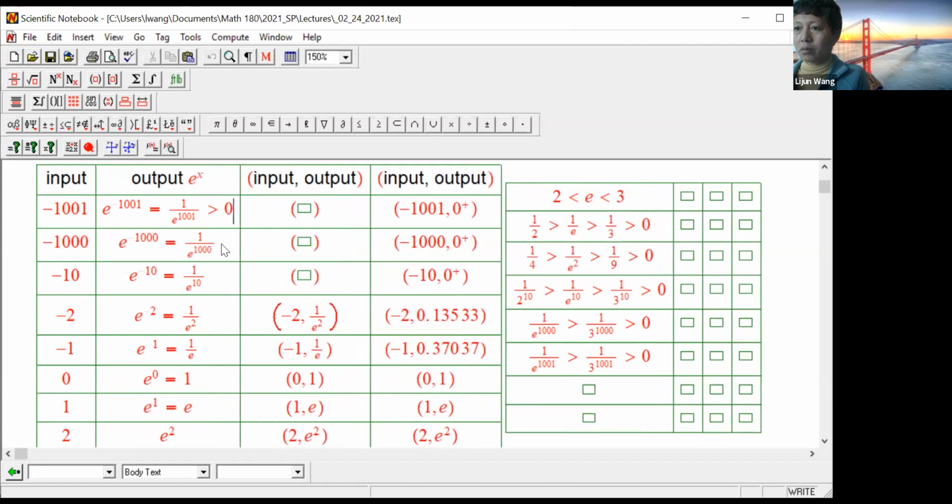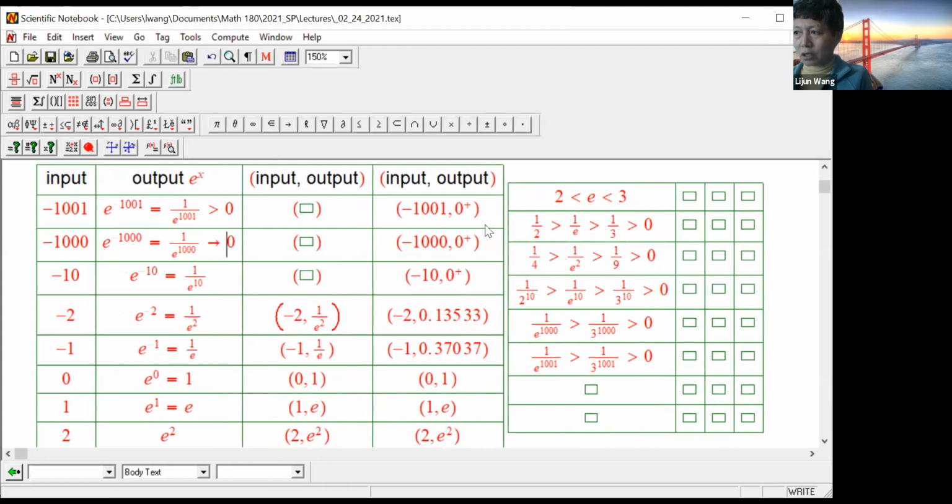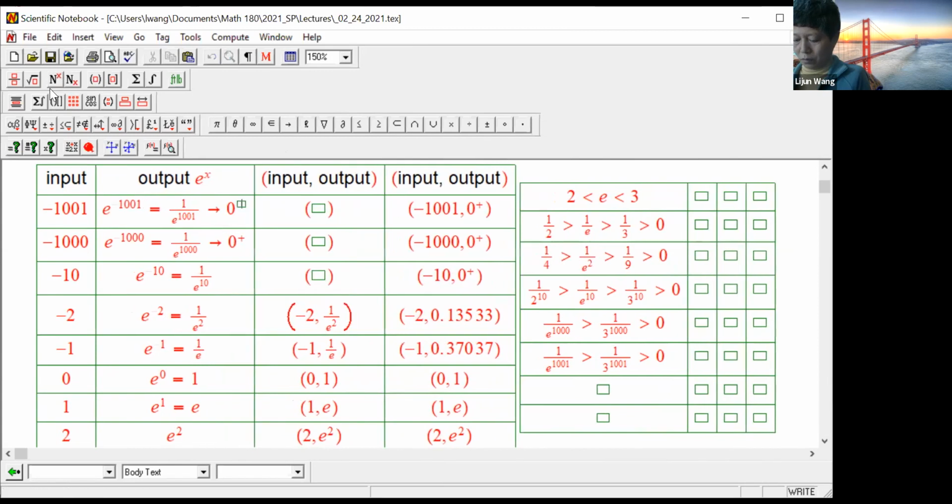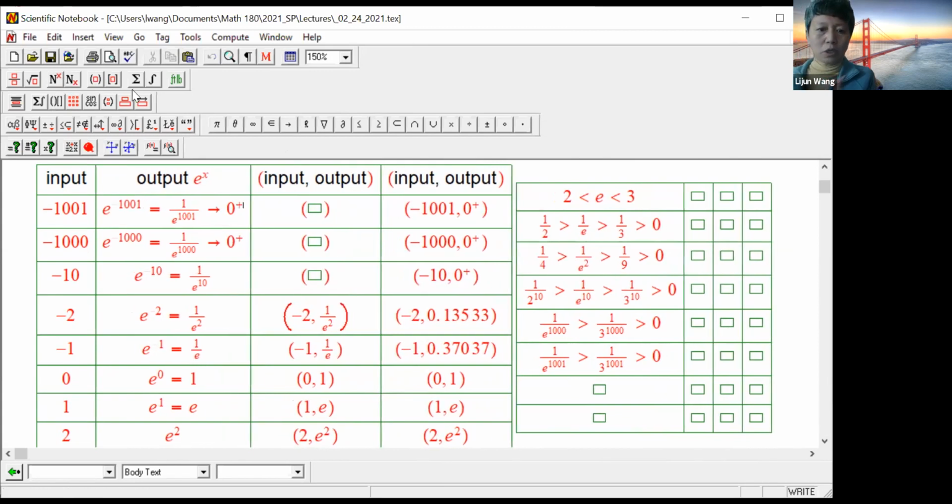Larger than 0, all of these larger than 0. So I'm going to use a new notation here, approaching 0 plus. So you learn your new notation. It enhances our understanding, and I assure you, you're going to be using these notations in calculus classes. So without further ado.